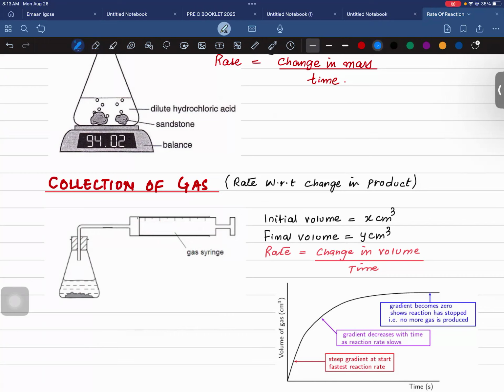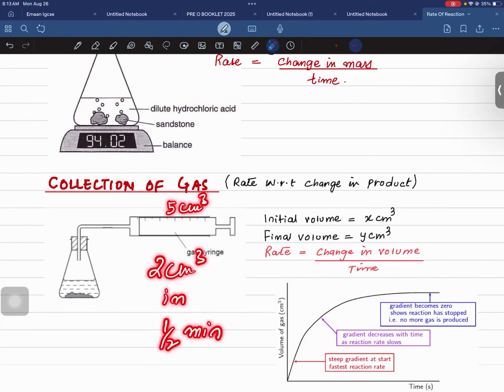Then you can see that your syringe is 5 cm cube in total. The volume of this syringe is 5 cm cube in total. So 2 cm cube of gas is collected in half a minute.